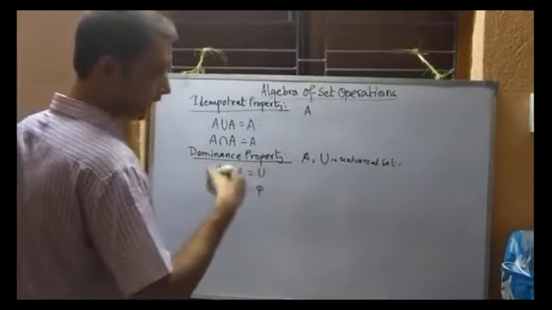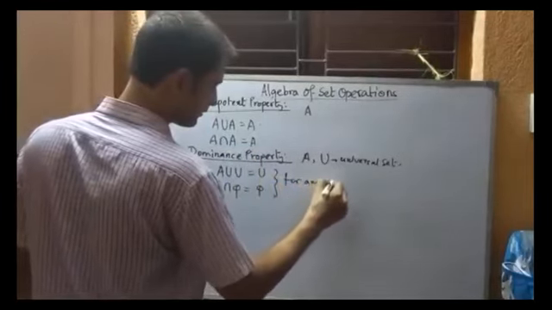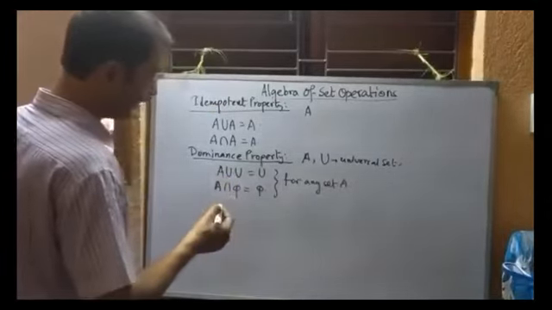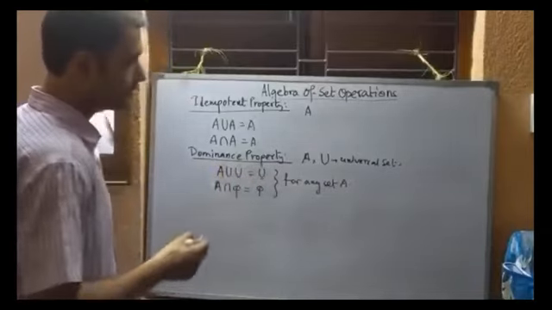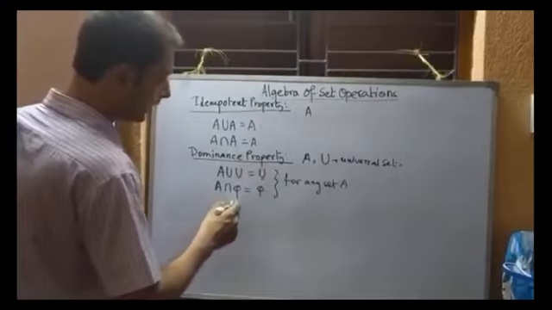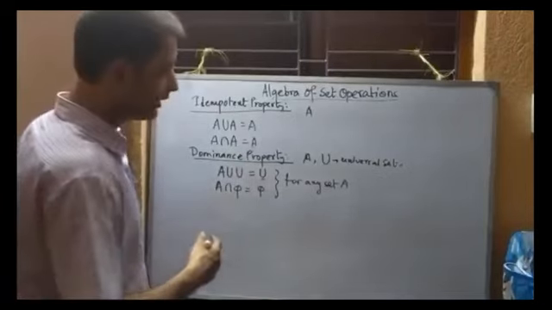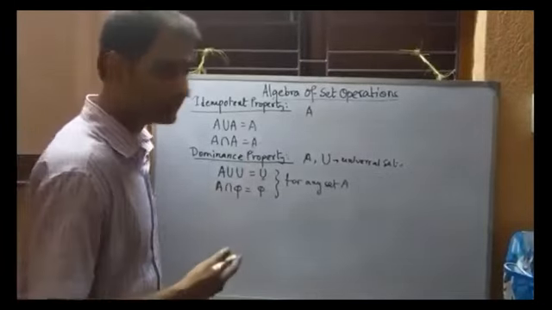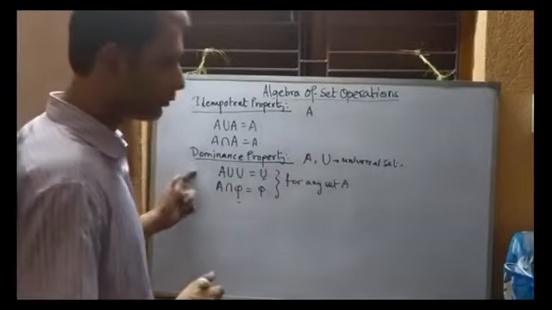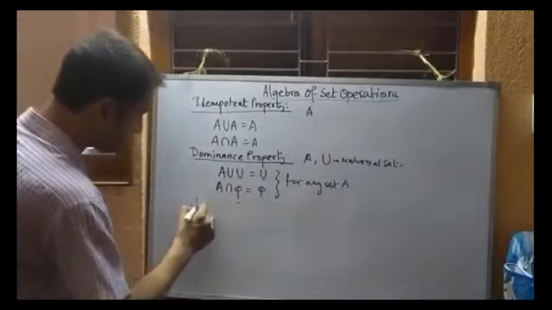So this holds for any set A. Since here you take any set and after the union you get the universal set, the universal set is dominating this situation, and here the empty set is dominating this situation. You take any set and take the intersection with the empty set, you get back the empty set. So here the empty set is doing the domination, that's why these are called the dominance property. Next one is called the absorption property.